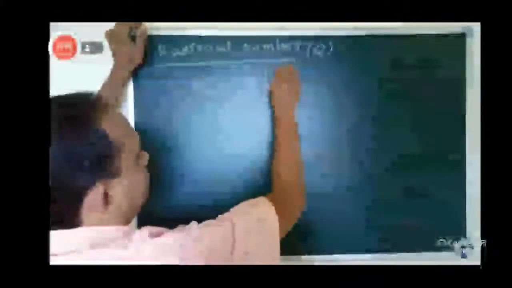Rational numbers. In the previous class, we discussed that any number in the form of P by Q is a rational number. Any number can be written as P by Q where P and Q are integers, and another condition is that Q is not equal to 0.